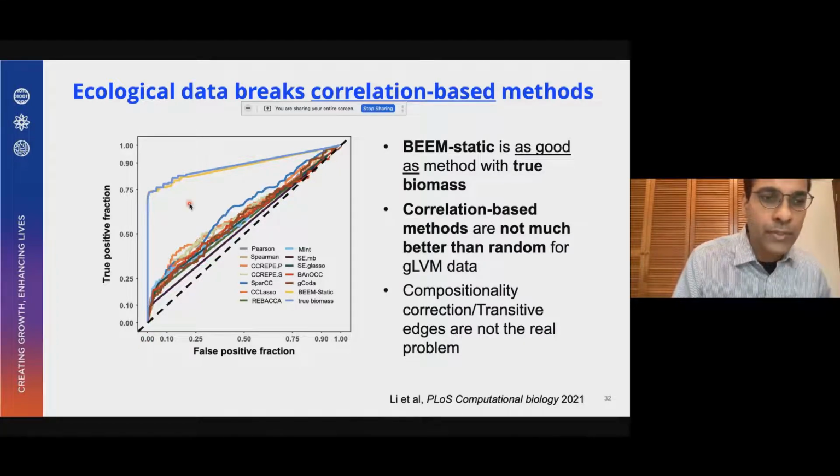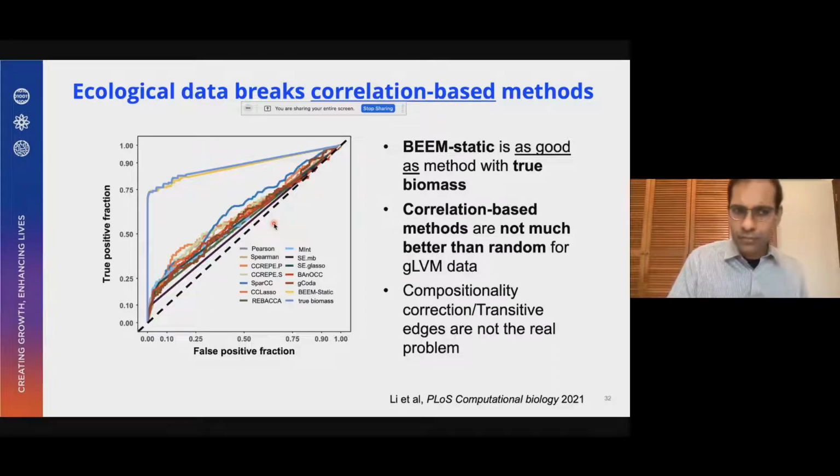Our approach, BEEM-Static, is again about as good as knowing the true biomass, so it eliminates the need for experimental measurement. While all other approaches, even though they are addressing interesting mathematical problems, if you believe your data is really ecologically driven and generated, not just correlation driven and generated, then these models do not do much better than random.